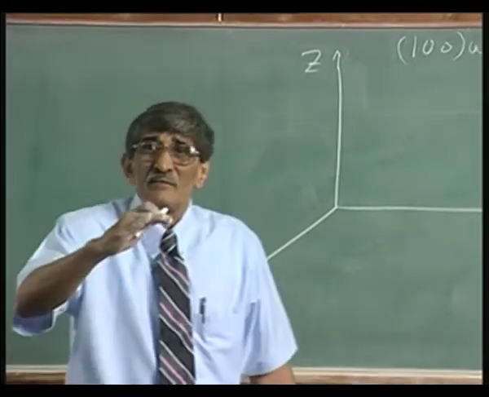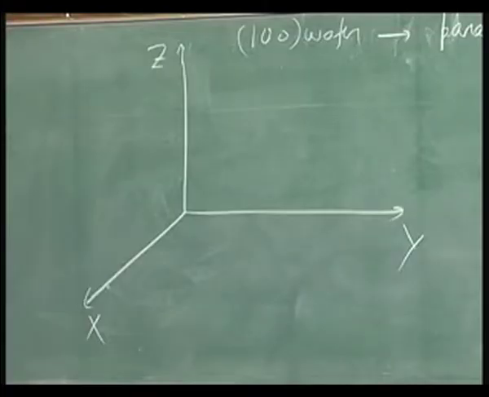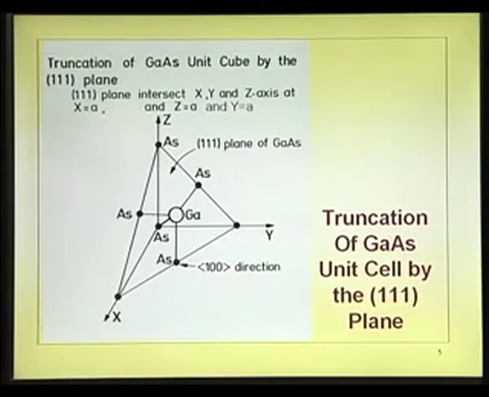Now, where will the 1 1 1 plane be? See that the 1 1 1 plane is at an angle of 54.7 degrees.